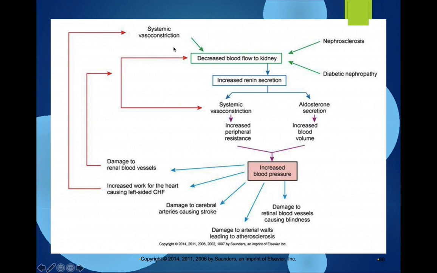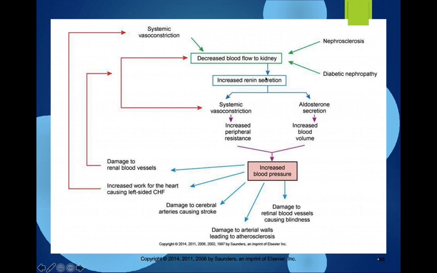So let's see. We have decreased blood flow to the kidneys, and maybe it's coming from some sort of systemic vasoconstriction. Maybe it's coming from some damage to the blood vessels going to the kidney, nephrosclerosis. Maybe it's a diabetic nephropathy, right? The kidneys and the nephrons of the kidneys get damaged because they have the smallest blood vessels.